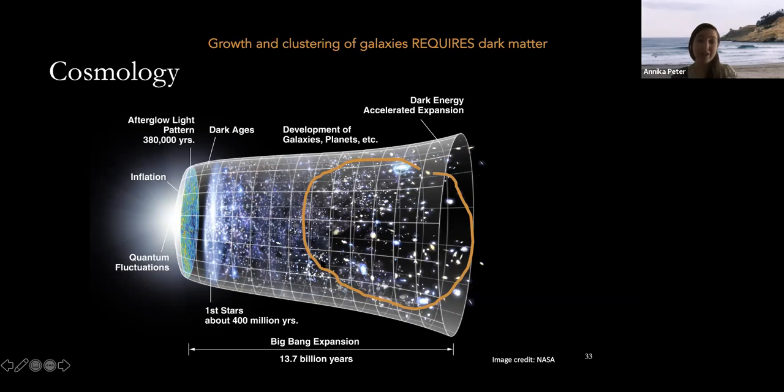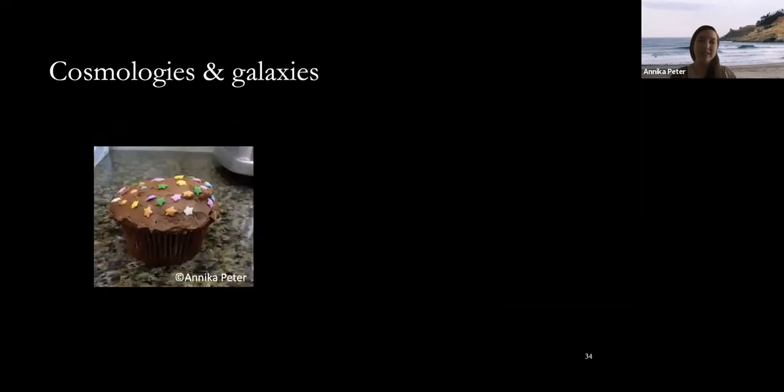Without dark matter, you don't really form galaxies. Thanks to dark matter, we have matter overdensities that collapse and form halos.